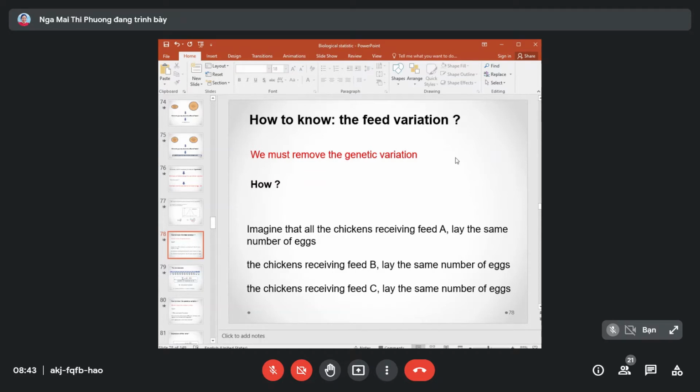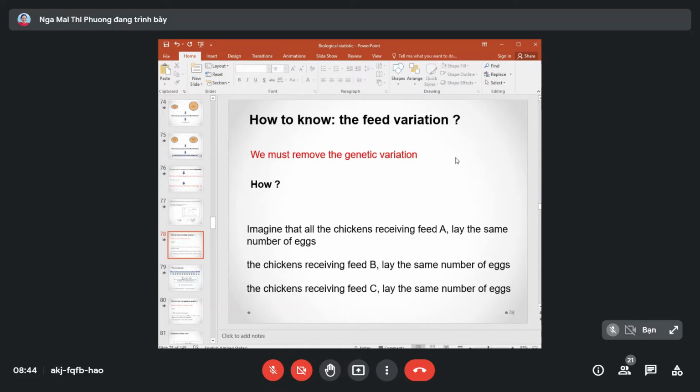Remember, when you do an experiment, normally we fix all the parameters except one, the parameter that you would like to study. You fix everything and change only one. So when we give the conclusion, you say the difference is because of that factor, but not because of the interaction, for example.